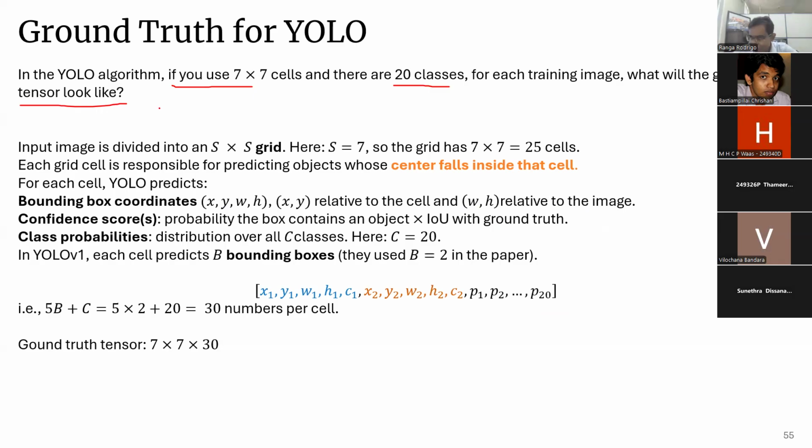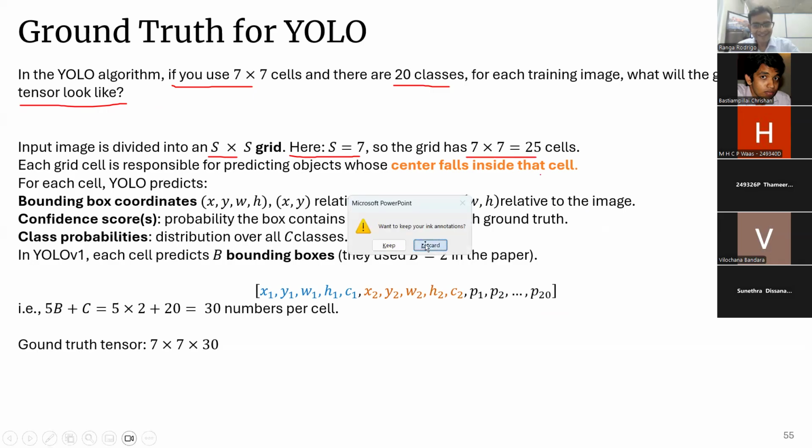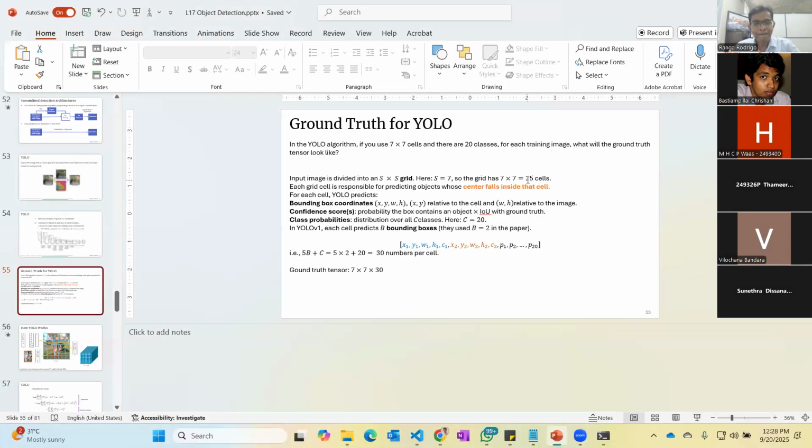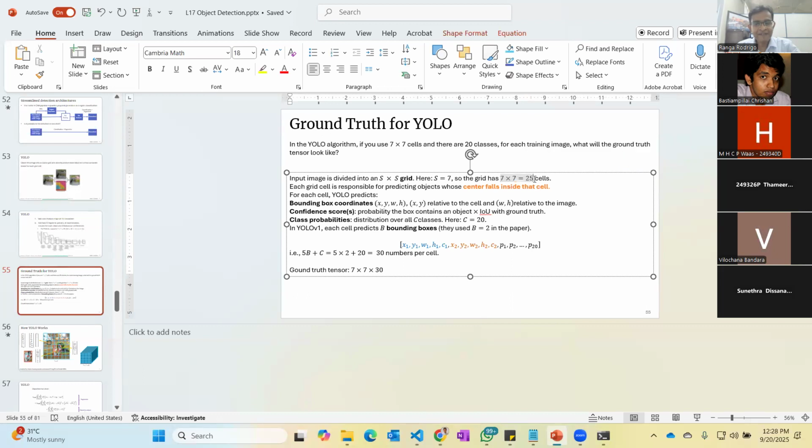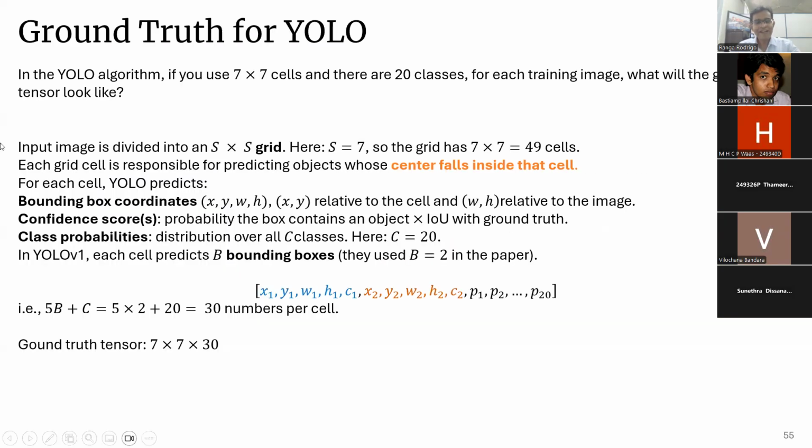Okay, let's reason that out again. Input image is divided into an S by S grid. Here S is equal to 7. So the grid has 7 by 7, 49 cells. I did this calculation for 5 by 5. That's why this mistake. 49 cells.